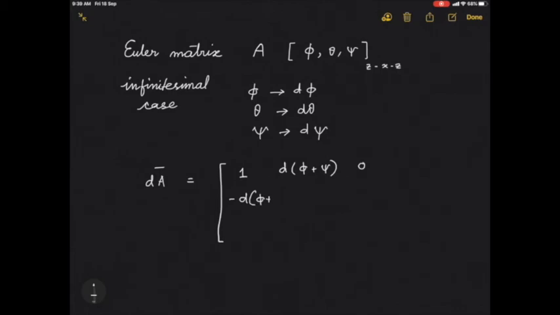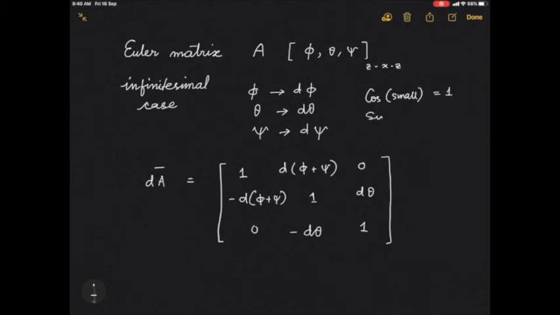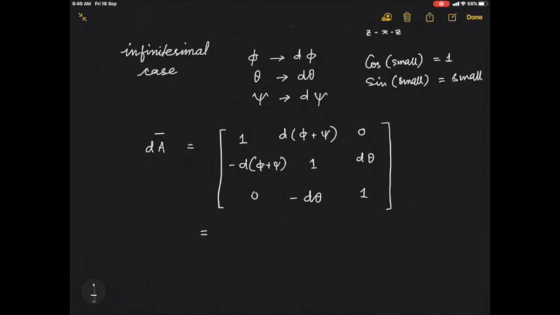d phi plus d psi, 0, minus d phi plus d psi, 1, d theta, 0, minus d theta, 1. You can verify that. You just have to put phi as d phi, theta as d theta, and psi as d psi, and remember that cos of small equals 1 and sine of small equals that small itself.